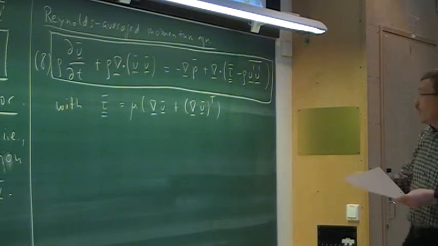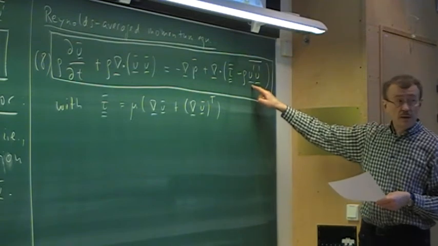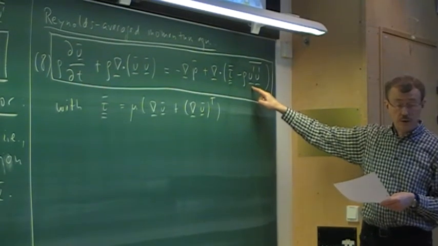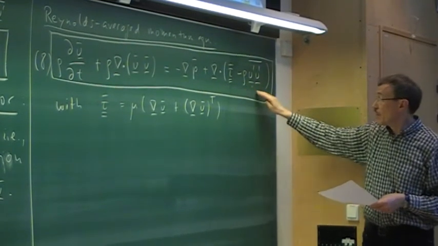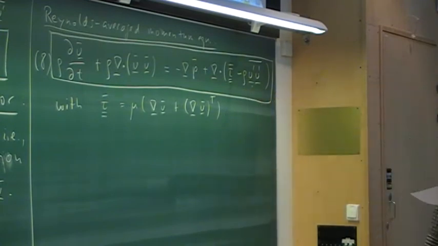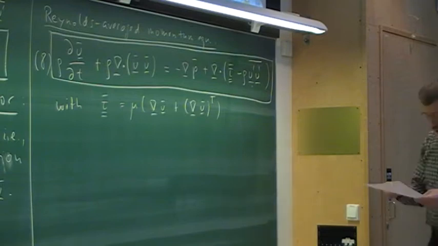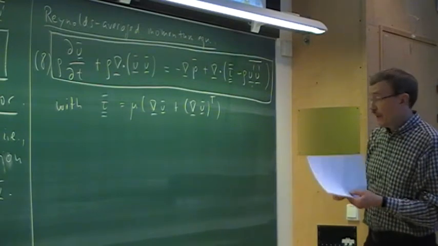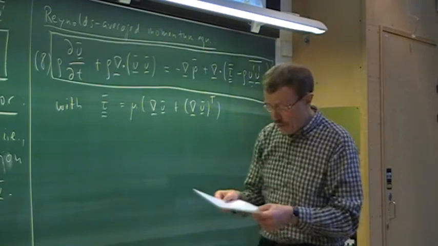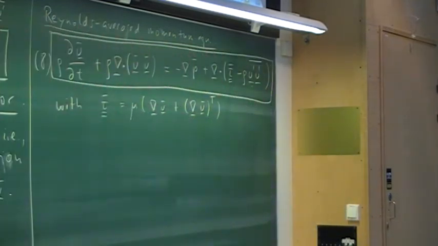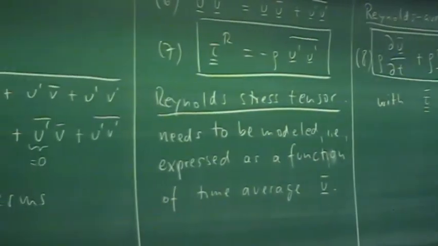Okay, so we'll come back to this later, and this is the main task of turbulence modeling: to relate this Reynolds stress tensor to the mean flow. But first we look at the Reynolds averaged energy equation, and there we get something similar.